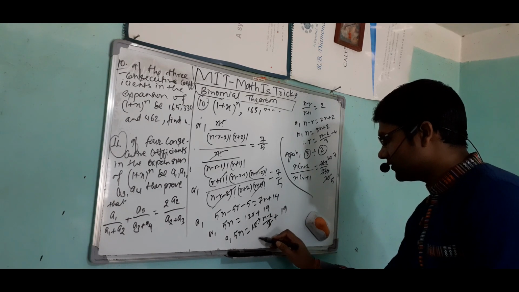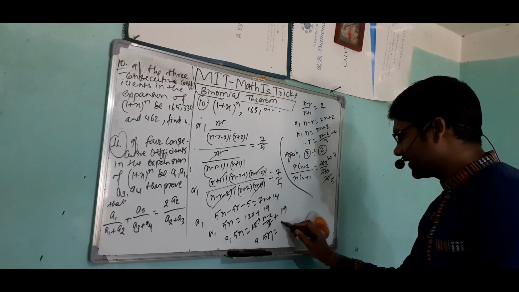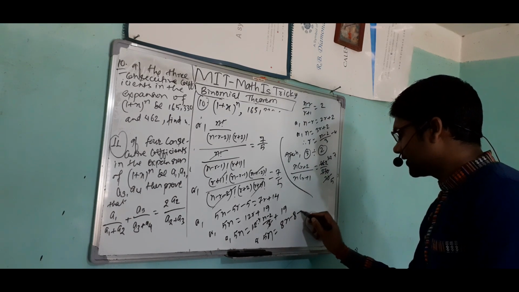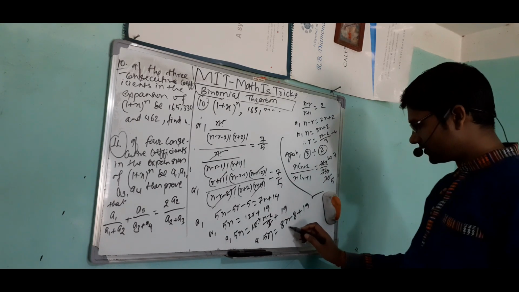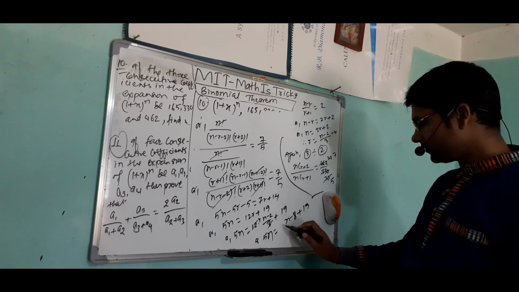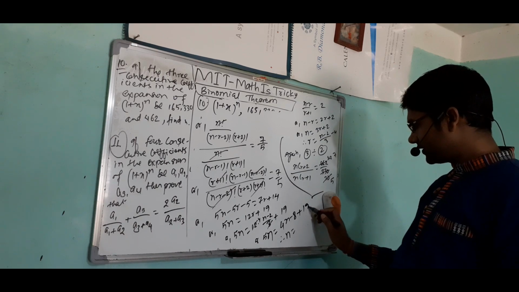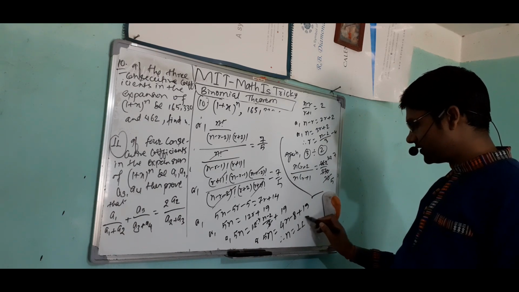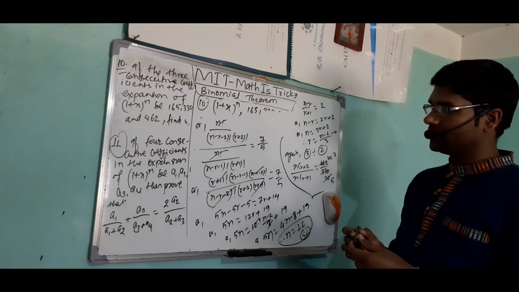Multiplying out, 5n equals 8n minus 8 plus 19. If we simplify this, therefore n equals 19 minus 8, which is 11. This is our final answer. 11 is your final answer.